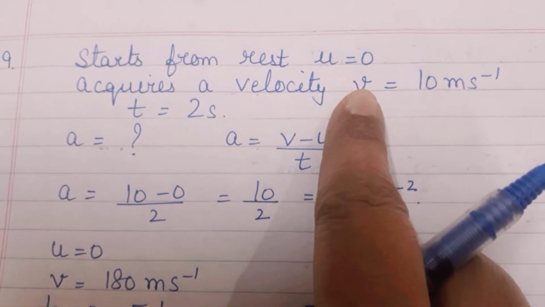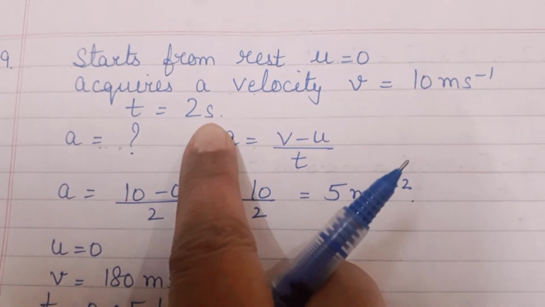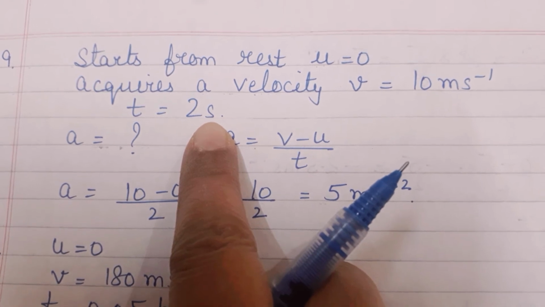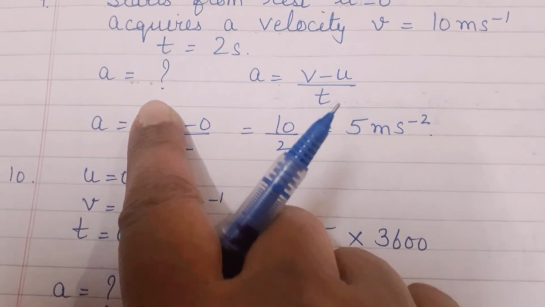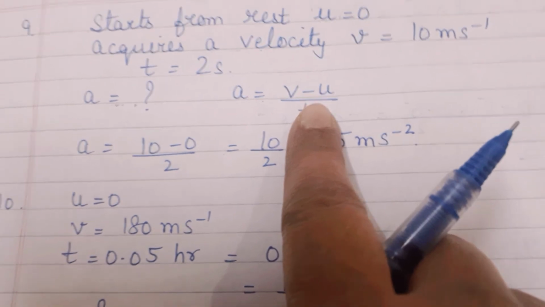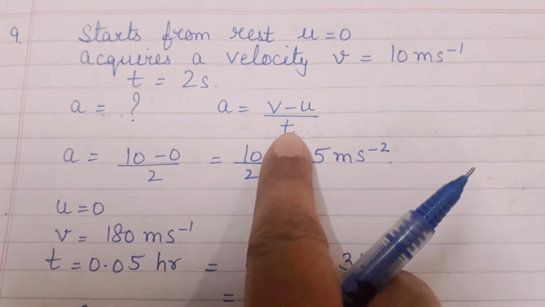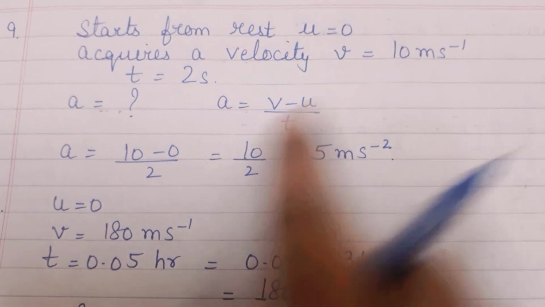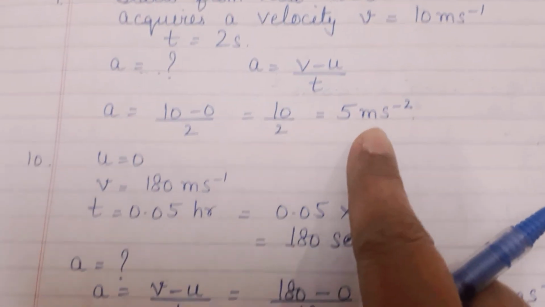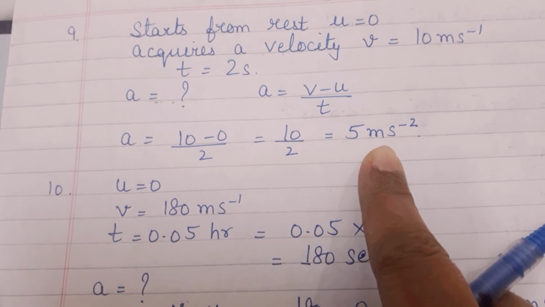Acquiring means final velocity. And the time has been mentioned as 2 seconds. You need to find out the acceleration. Formula for acceleration is v minus u over t, that is final velocity minus initial velocity upon time. I have both the values with me and the answer is 5 meters per second square.